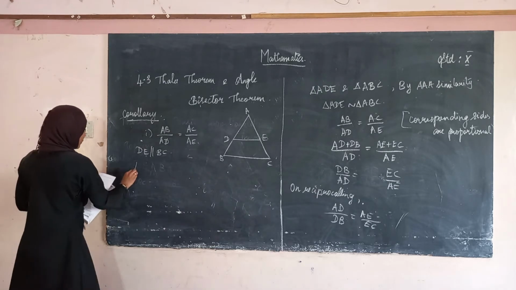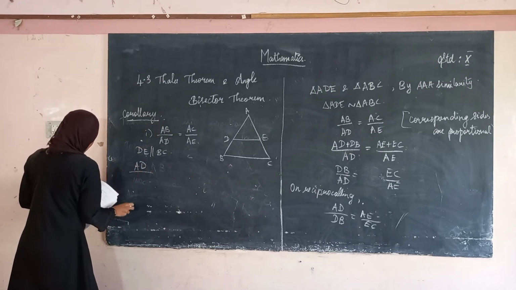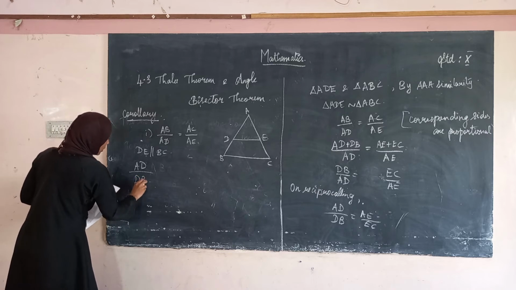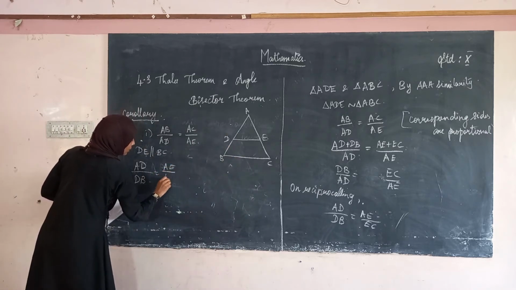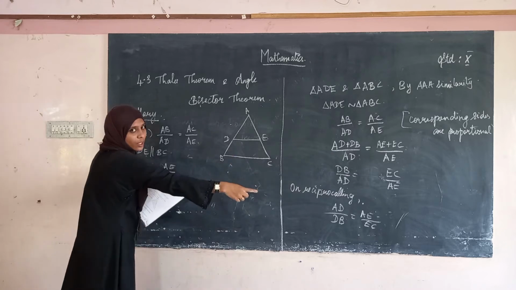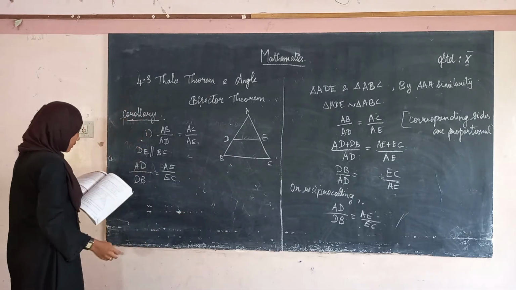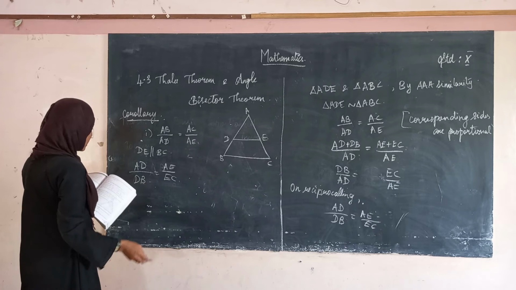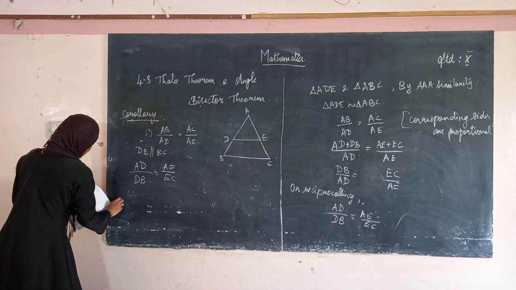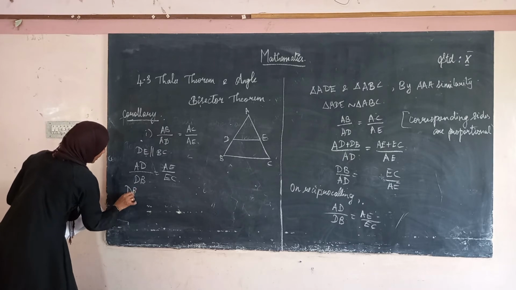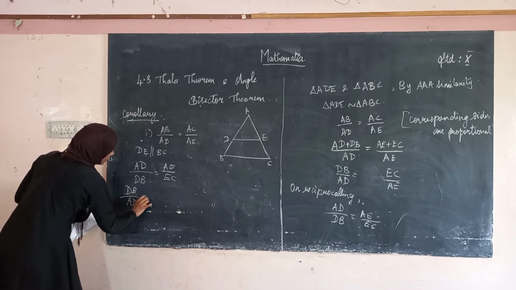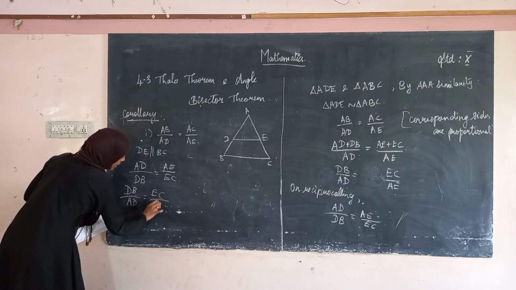What can we write? AD divided by DB is equal to AE divided by EC. This is by the theorem we saw last, right? Now, taking reciprocal, what happens? DB divided by AD is equal to EC divided by AE.